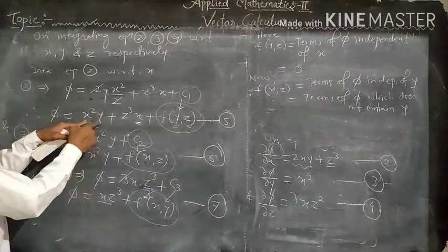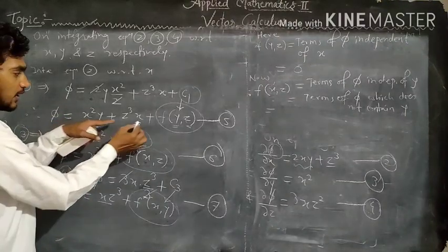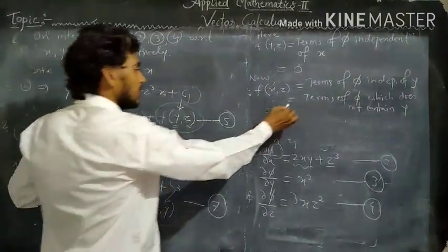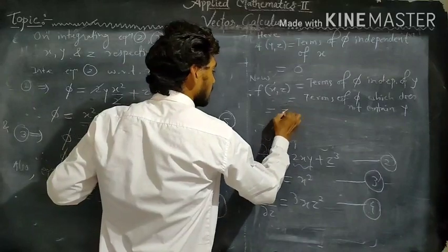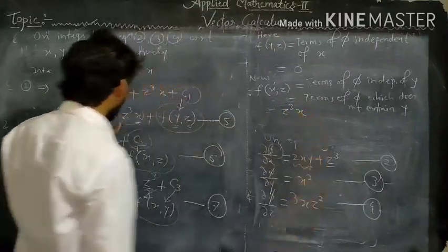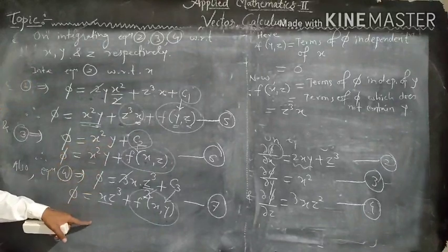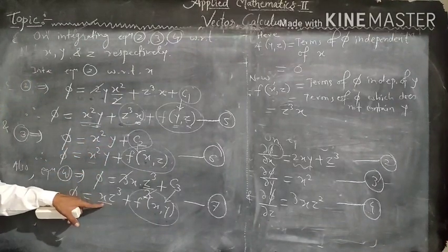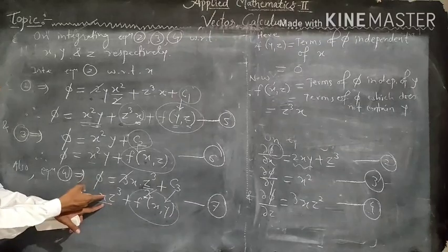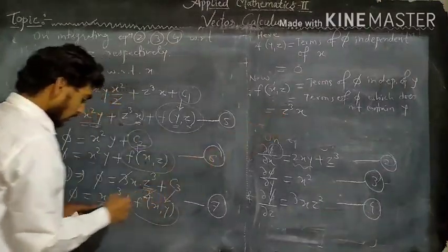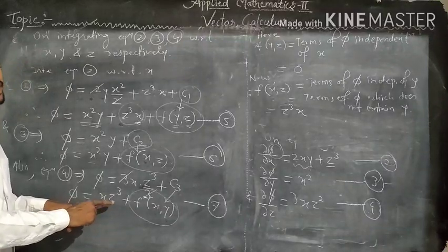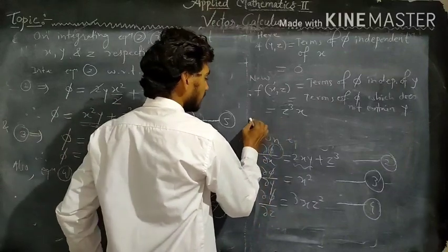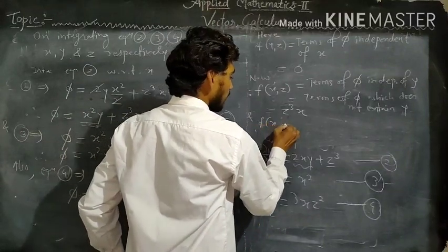So in this equation 5, here y is present, but here y is not present, so we have to write this term here. So it is z cube x. Now again we have to check other equations. Here y is present, here y is not present, and we have already written this term z cube x, so we will not repeat this term. Next, finally, f of x comma y.